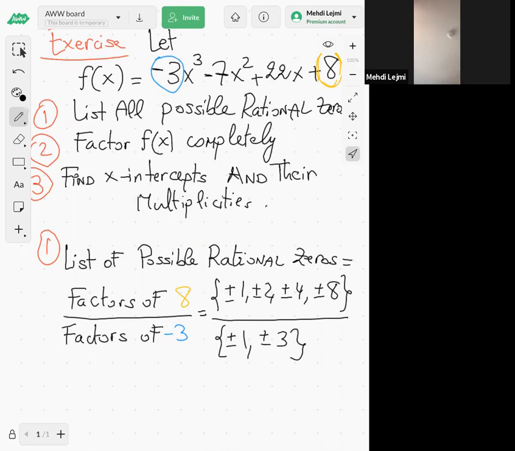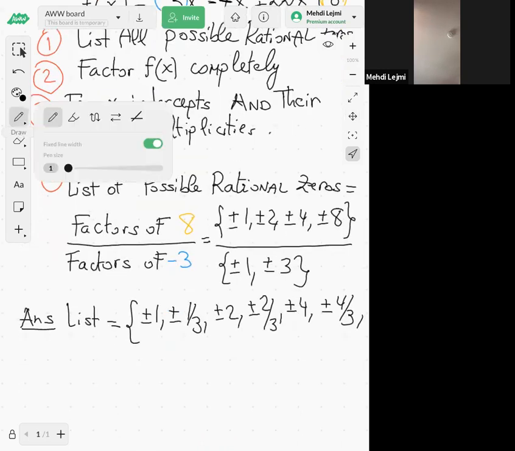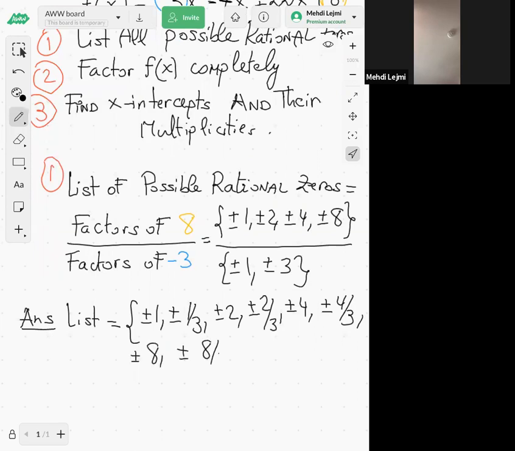So the list would be plus or minus 1/1, 1/3, 2/1, 2/3, 4/1, 4/3, and 8/1, which is 8, and 8/3. Right, so this is our list.